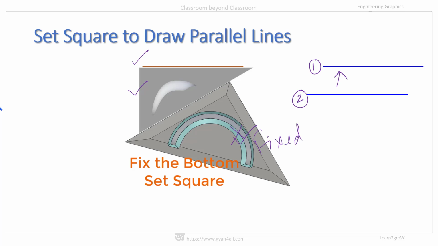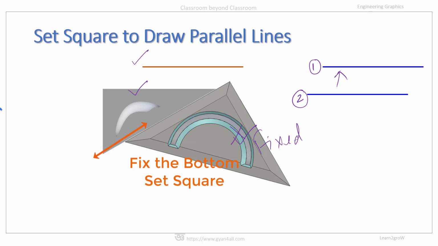After fixing it with one of our hands, we can slide the second Tsquare as per requirement. Say we want to draw a line parallel to the above line, then we can slide the Tsquare like this to the required position, and now we can draw the line parallel to the previous one by using our pencil like this.